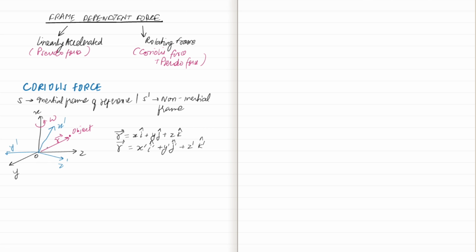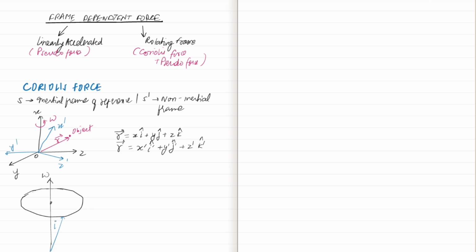Now let's analyze the effect of rotation. See, the frame S dash, the direction of x dash will keep on changing because the frame itself is rotating. So let's draw the diagram with respect to the inertial frame. Suppose at some time t, the direction of i dash cap was along this.